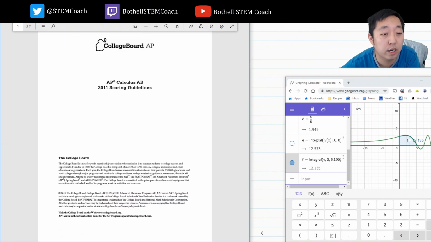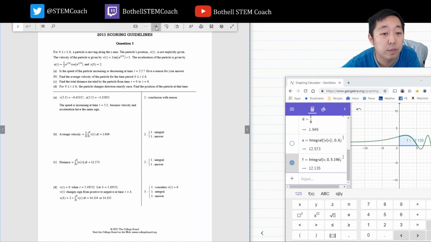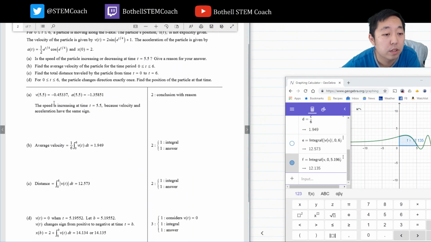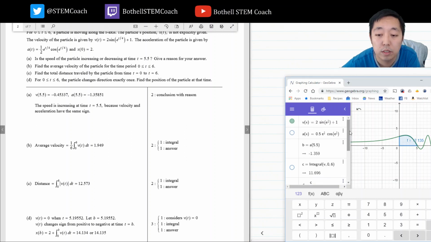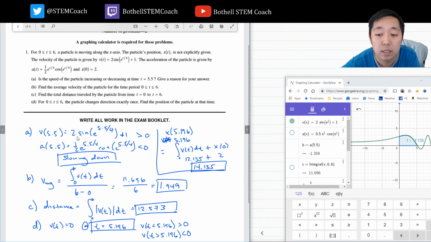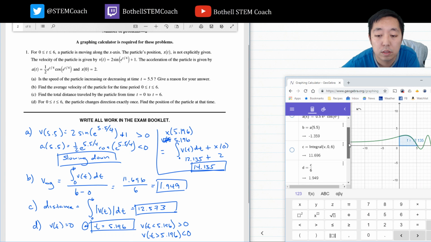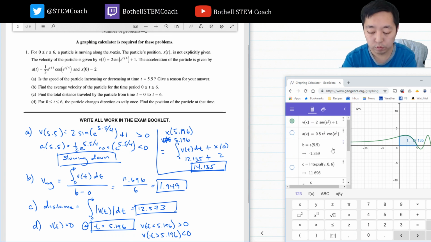So let's take a look at how we did. Let me zoom in here. The answer key says speed is increasing because they have the same sign. Oh no, did I type in velocity wrong? 2 sine(e^x/4) plus 1. What was v of 5.5?